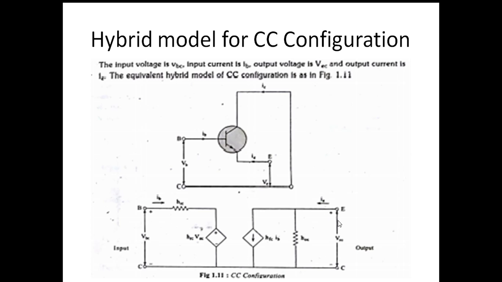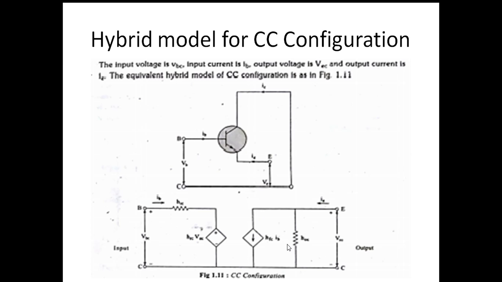Now we can write the voltage drop across the output as VEC. HRC is the reverse voltage gain, and this is a voltage source. So this is one voltage and this is another voltage. These two get summed up, and the sum of these two voltages is equal to the input voltage. Therefore, this is developed by using Kirchhoff voltage law.